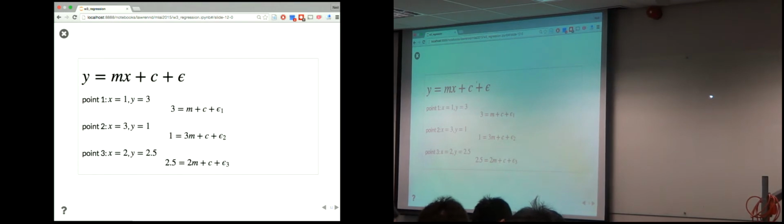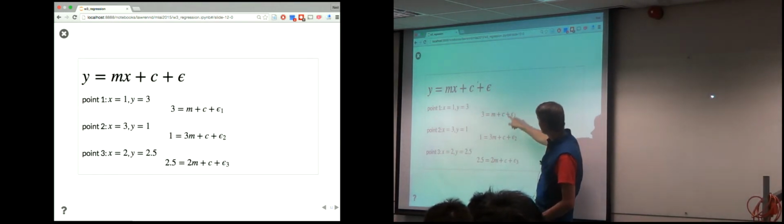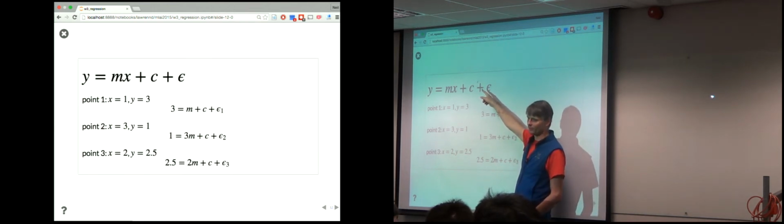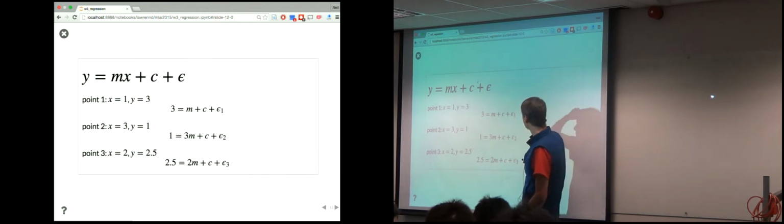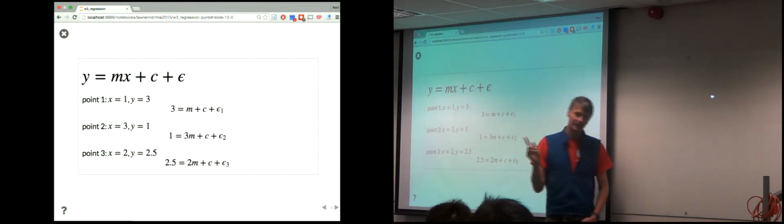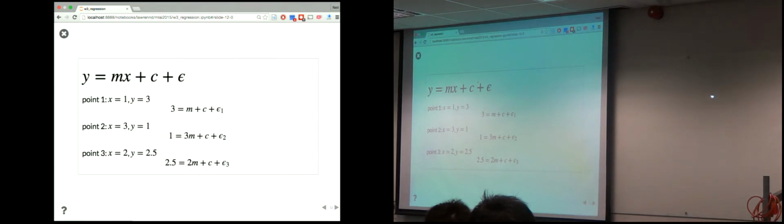Well, Laplace's idea was that we turn this overdetermined system into an underdetermined one by adding a new parameter or variable. The difference between a parameter and a variable, I suppose this would probably be considered a variable by most people. So an unobserved latent variable, epsilon. But if it's unobserved, we have to do something with it. And Laplace's idea was that you put a probability distribution over it.